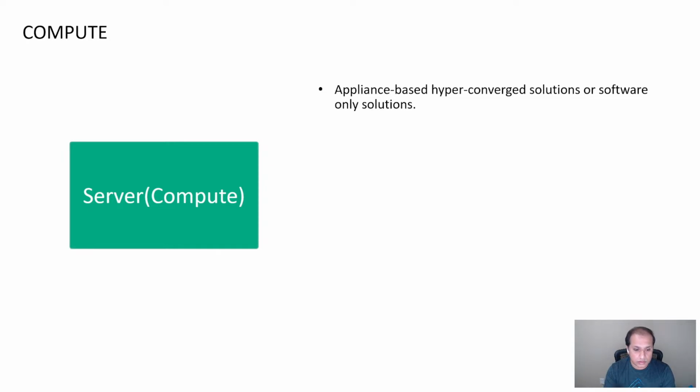And there are HCI vendors who say, please go and buy a server from any of these certified vendors, it may be HP, Dell, Lenovo, or Supermicro, and we will provide the solution. So in appliance-based, you will be provided with the server, including the software. Whereas in a software-based solution, you are free to buy any type of server in the market that is already certified by that company.